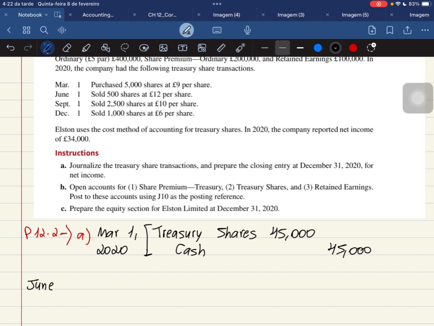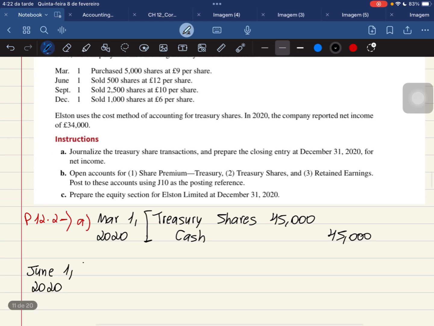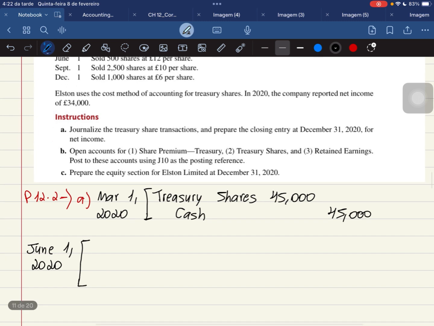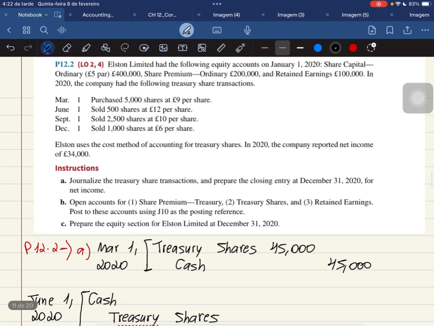Next happened on June 1st of 2020. Sold 500 shares at £12 per share. Since you're selling it, you're getting money, so your cash has to go up, and your treasury shares have to go down because you will no longer have these shares that you're selling to other people. Now, your cash is going to be the number of shares times the amount that you decided to sell it for.